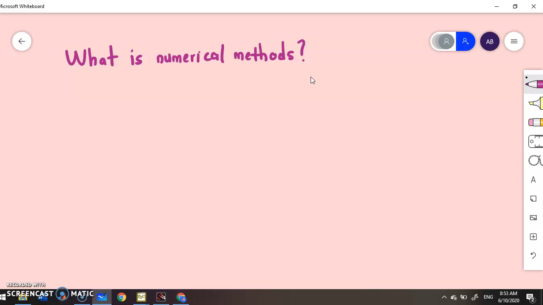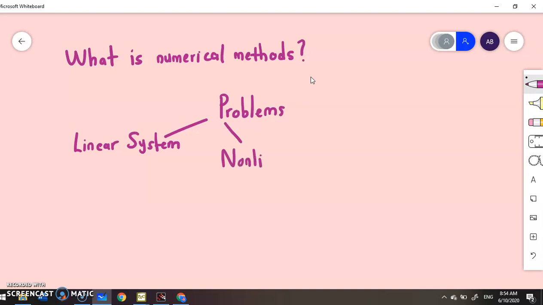It depends on the types of problem. So when I say problems here, you can have a linear system. You can also have a nonlinear system. What else can you have?